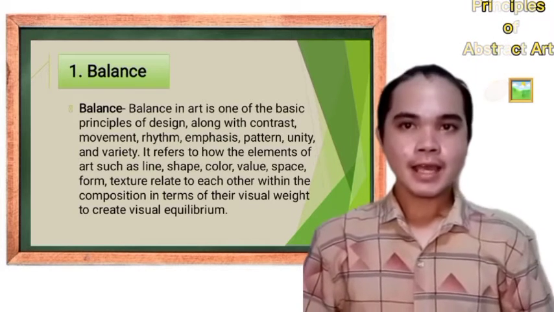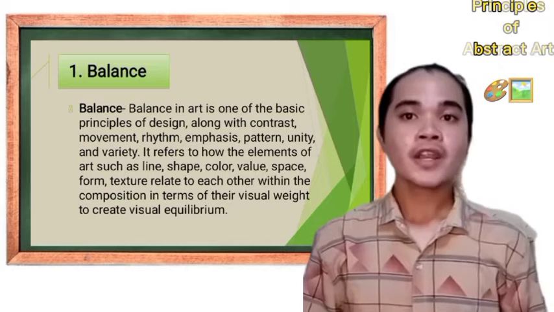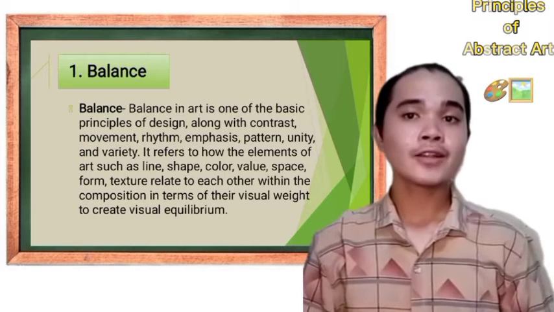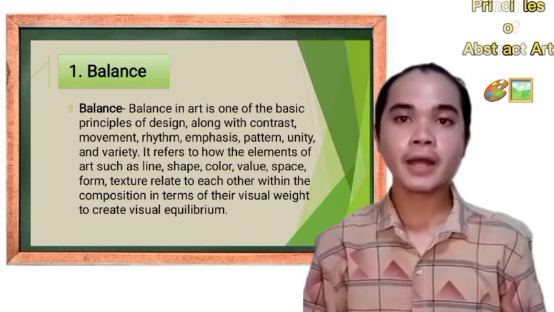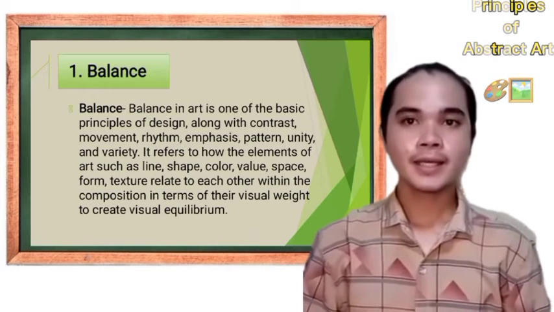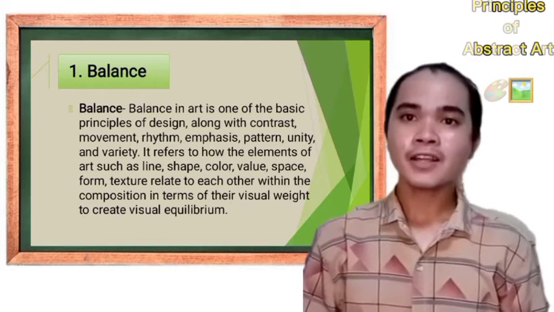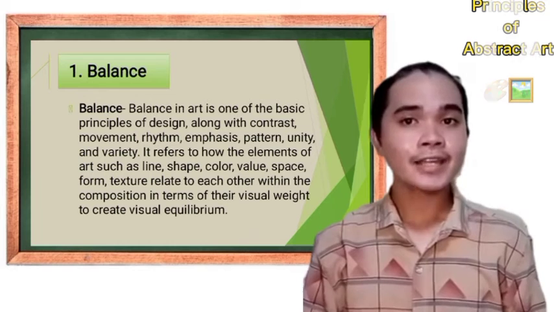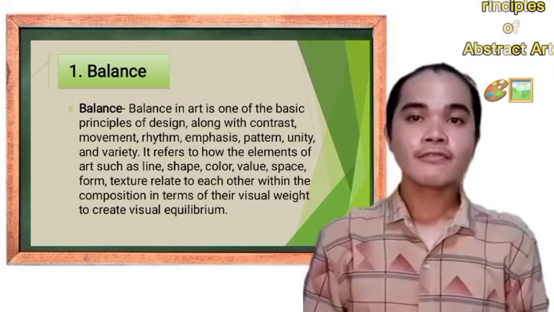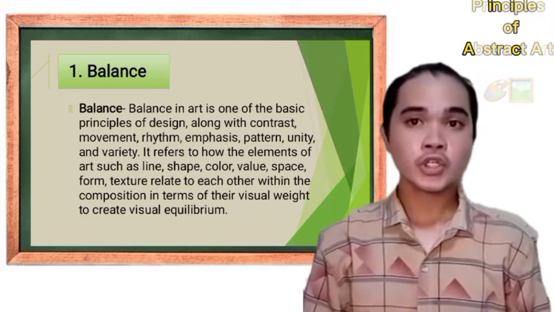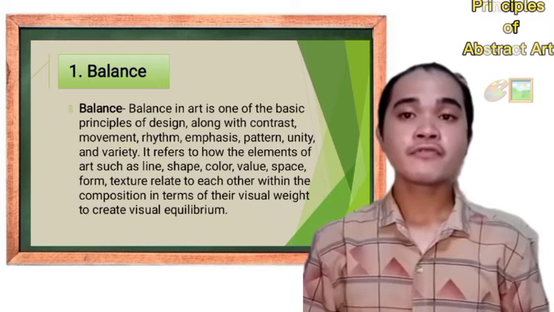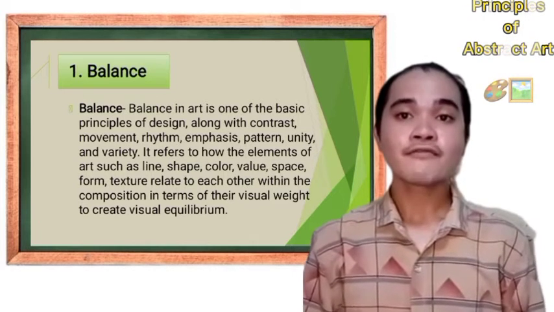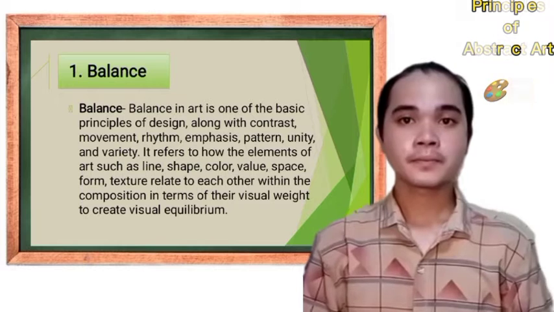First, we have balance. Balance is one of the basic principles of design, along with contrast, movement, rhythm, emphasis, pattern, unity, and variety. It refers to how the elements of art, such as line, shape, color, value, space, form, and texture, relate to each other within the composition in terms of their visual weight to create visual equilibrium.